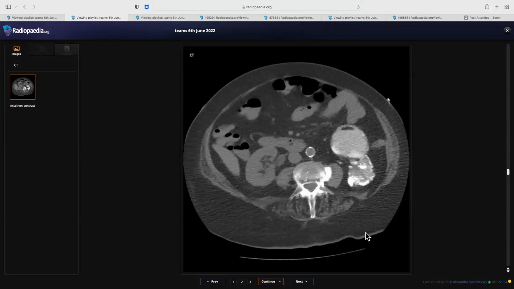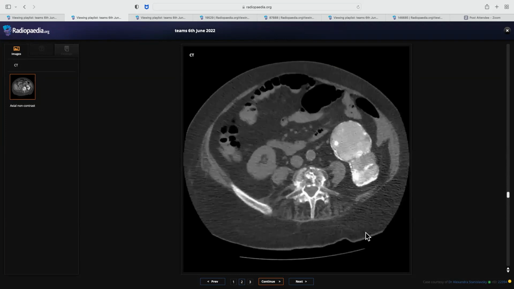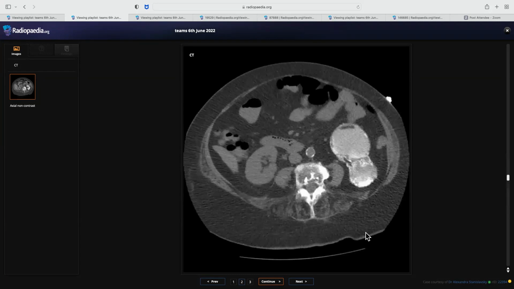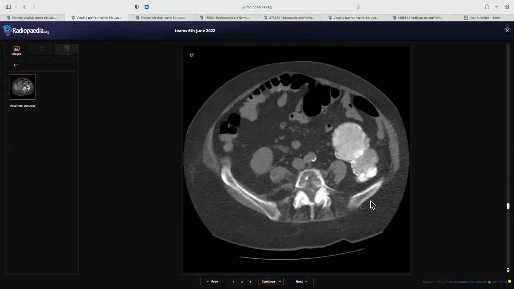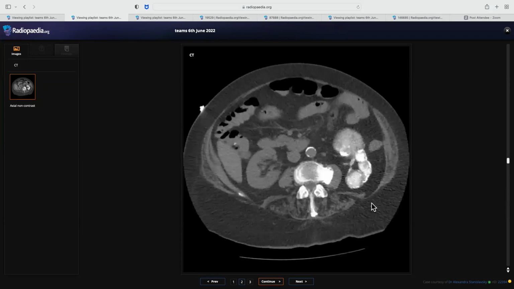The left kidney is fully contracted with multiple calcified areas. I can also see lobulated exophytic lesions arising from the left kidney, and the right kidney is fine.